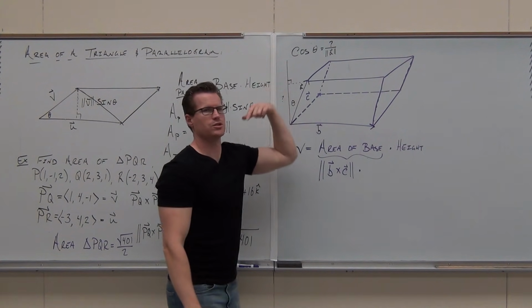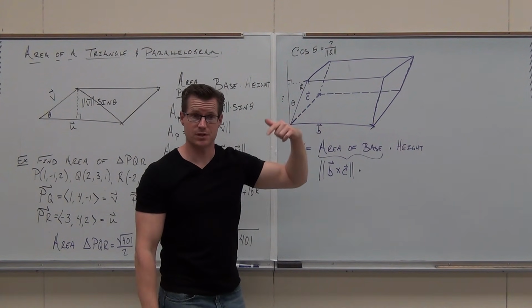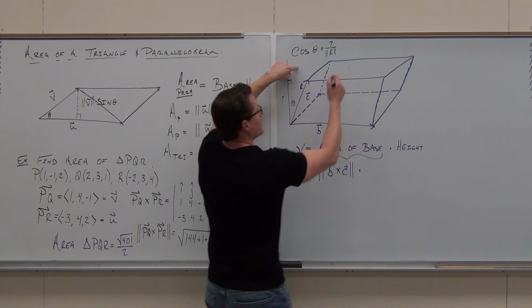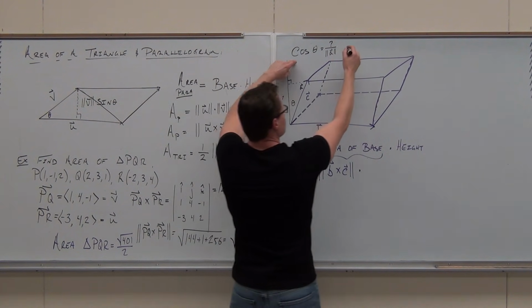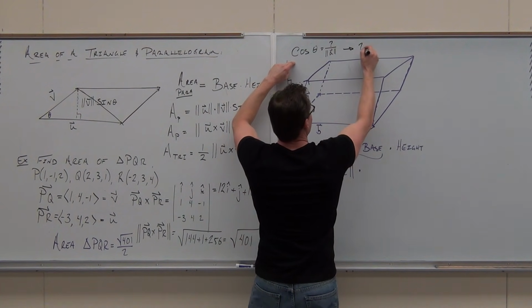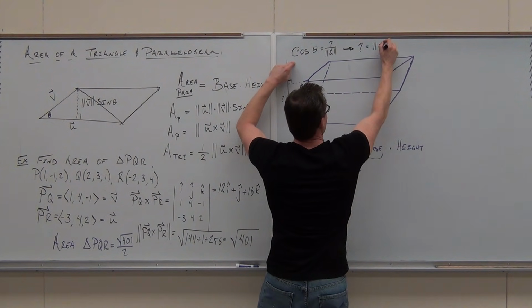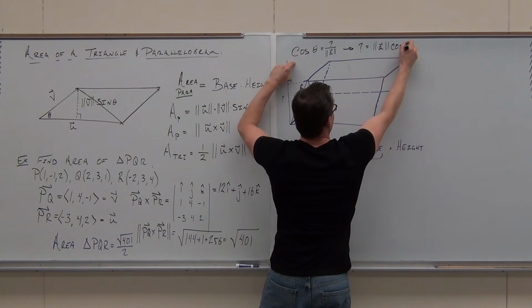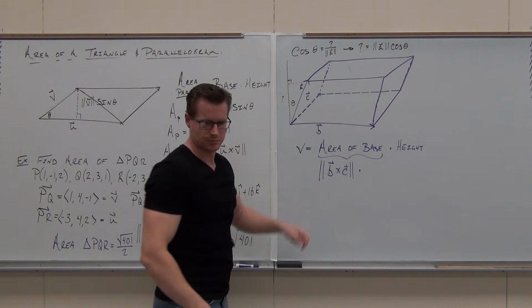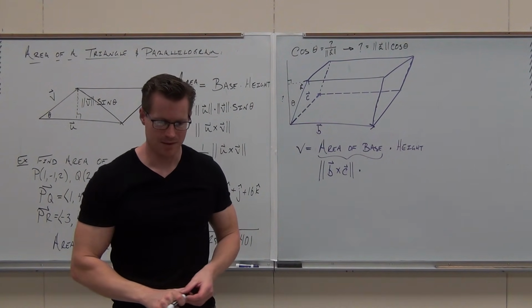So from here, this height, question mark if you will, cosine theta is always adjacent over hypotenuse. If the hypotenuse is the magnitude of that vector A, then when I solve for the question mark, we get that.